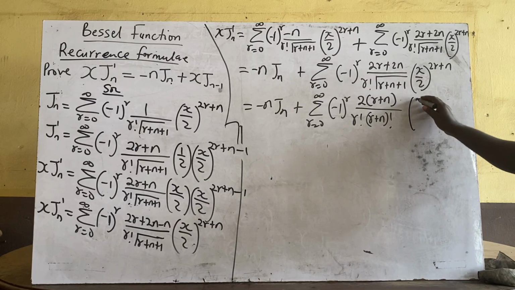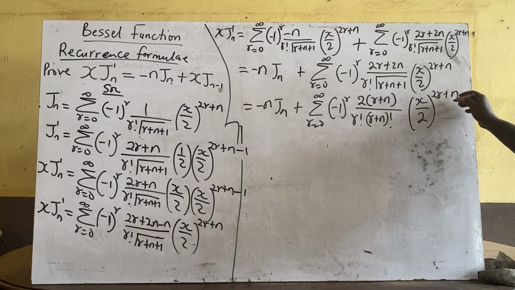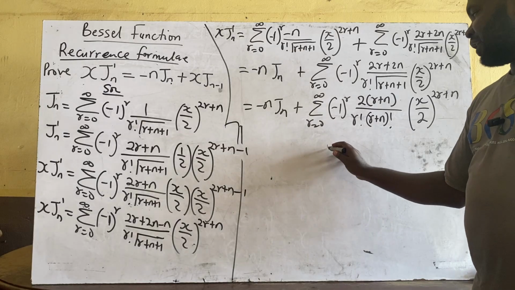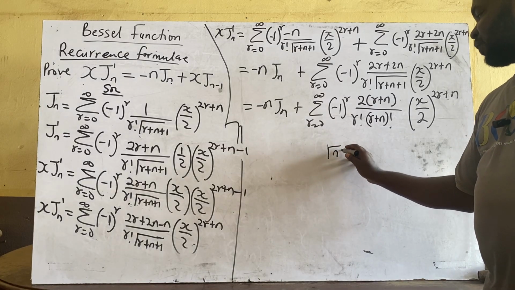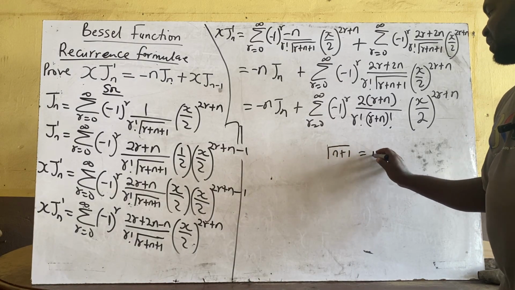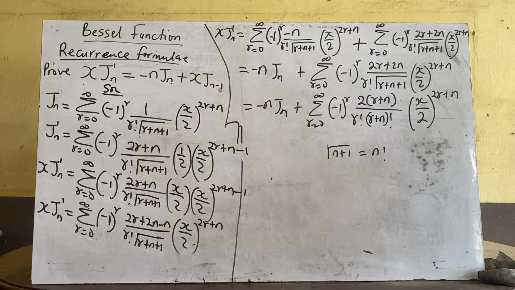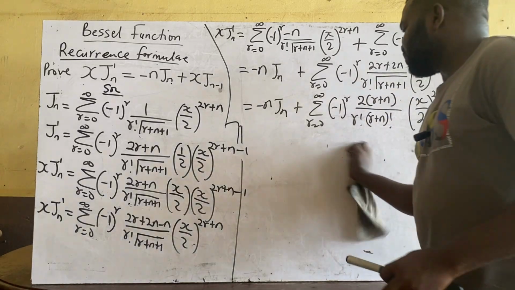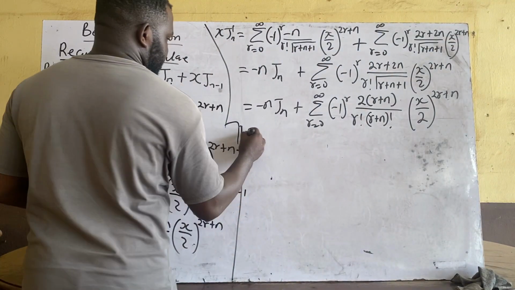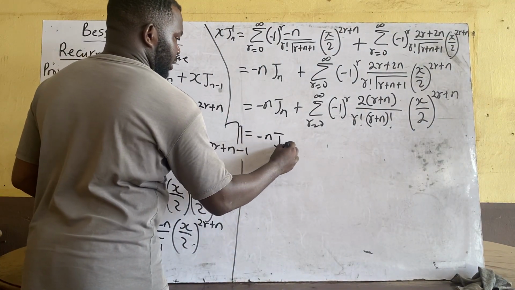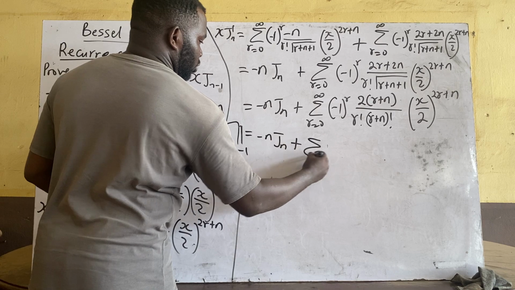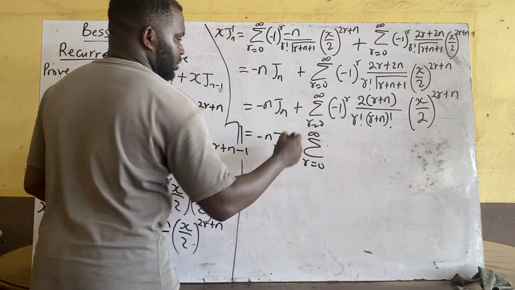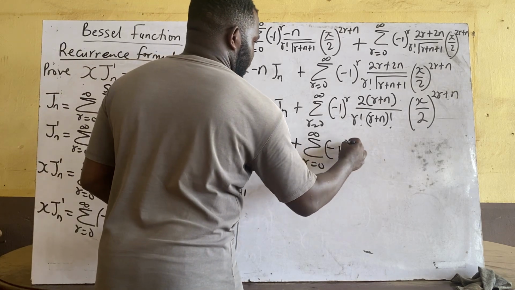So I'm having that this is x over 2, then 2r plus n. I hope you know how I got this. You should know that gamma function of n plus 1 is the same thing as n factorial. So this thing plus 1 is the same as this thing factorial. With that, this is equal to minus nJn plus the summation of r starting from 0 to infinity of minus 1 all raised to power r.